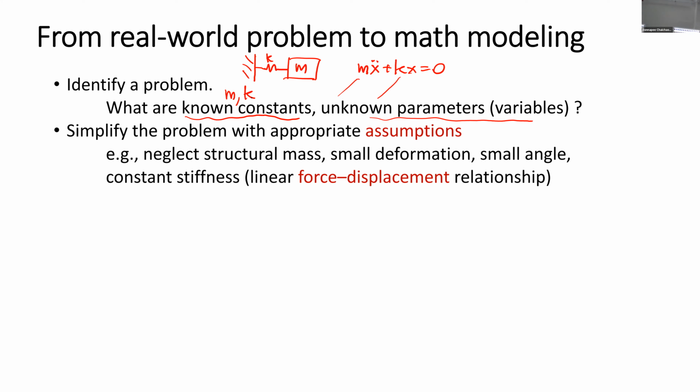The unknown or the variable in the system may be the displacement that is varying against time. It can be changed against time. We need to find a technique to measure or estimate the displacement.